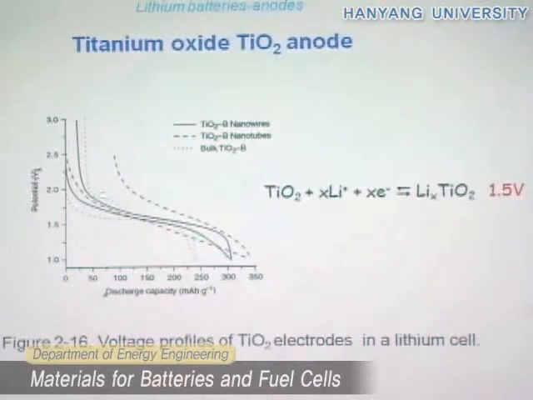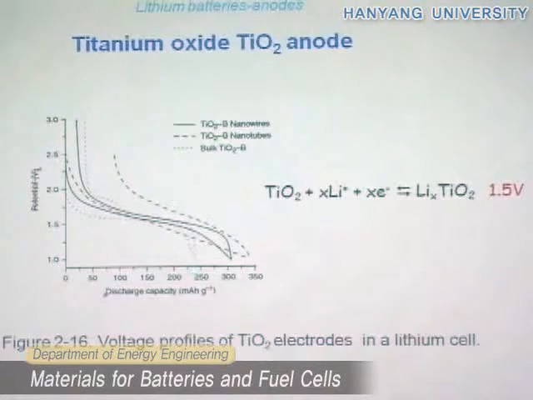And here you see some typical discharge curves. Okay, if we use bulk titanium oxide, namely very large particles, then we have the diffusion problems that I mentioned before, and the curve is this dotted line.